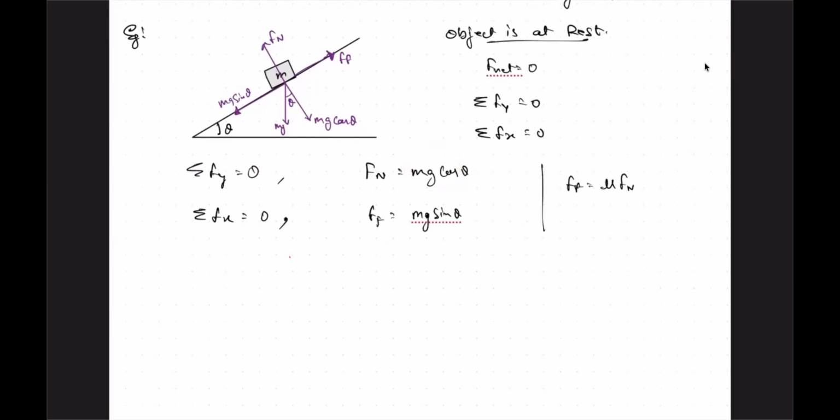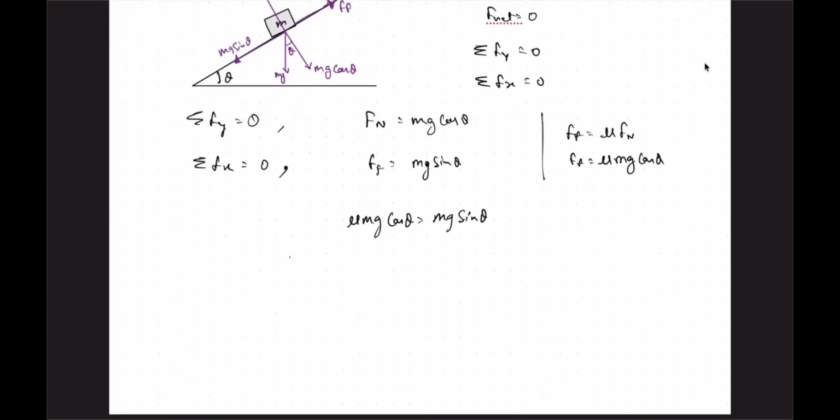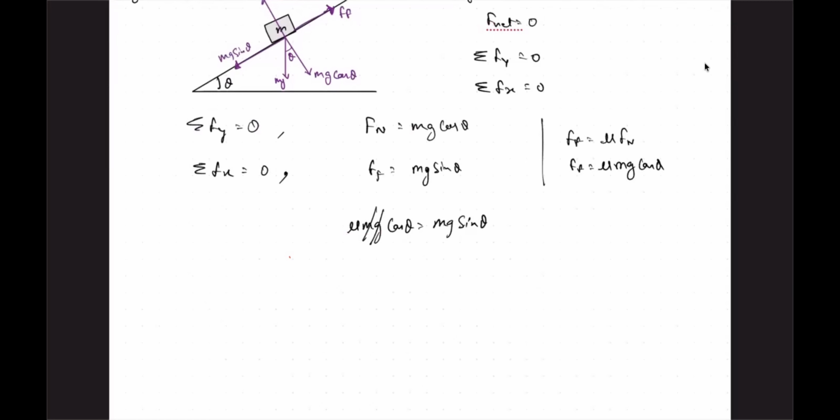So friction is mu times mg cos theta. Plugging this in, mu mg cos theta equals mg sin theta. The mg cancels out, so mu equals sin theta over cos theta, which is mu equals tan theta.